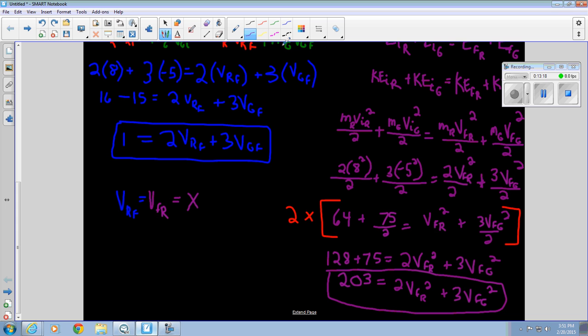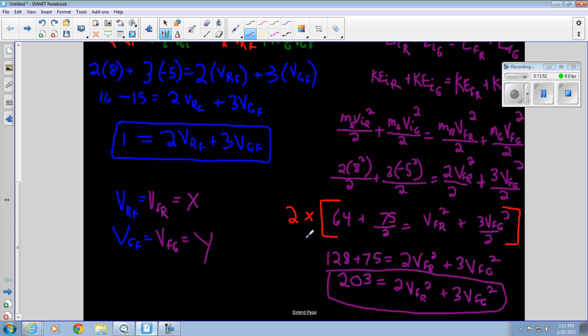And the same thing for V final green, VGF, which is the same as VFG. Again, I just flipped the lettering. It doesn't matter. If you have it labeled the same way, that's good. Let's say those two are equal to y. So these are my x's, and these are my y's.